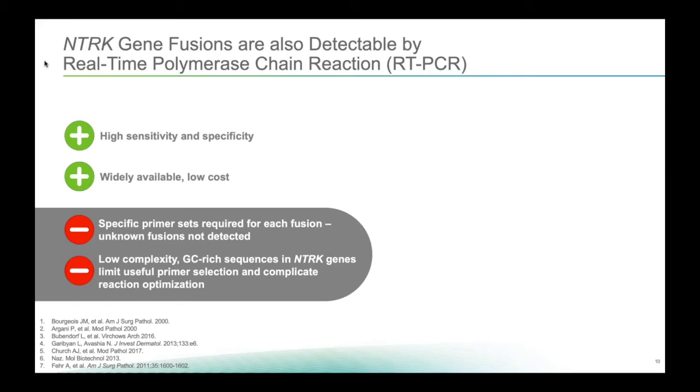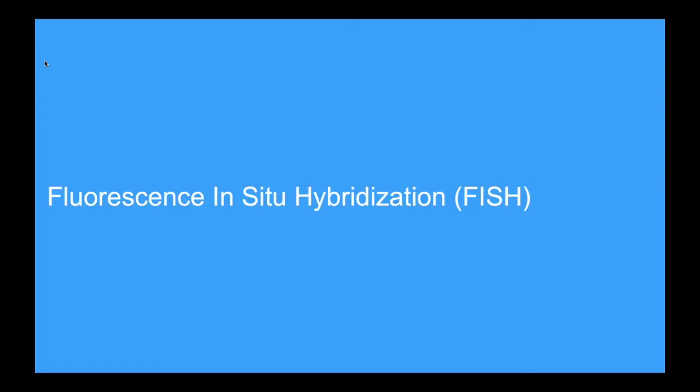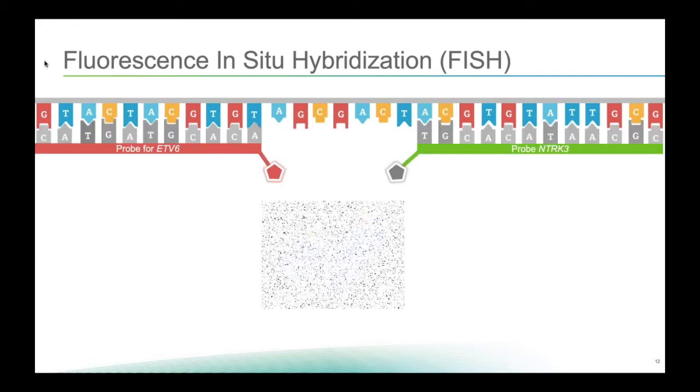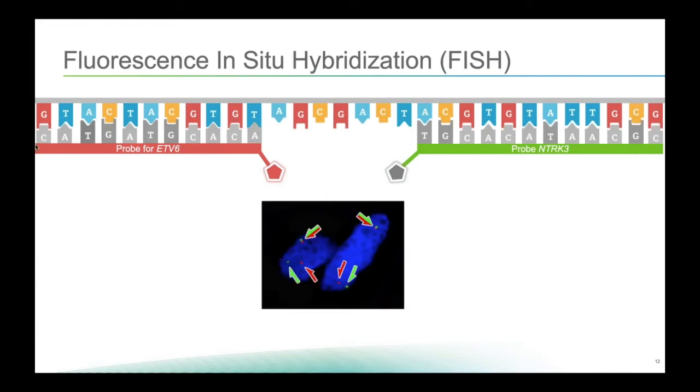So let's move to another very commonly used method, fluorescence in situ hybridization, the FISH. The FISH in principle is similar, without the copier. So we have a probe for the NTRK gene in green color, and red color for the ETV6. If these signals are close to each other, we know physically there is a fusion.